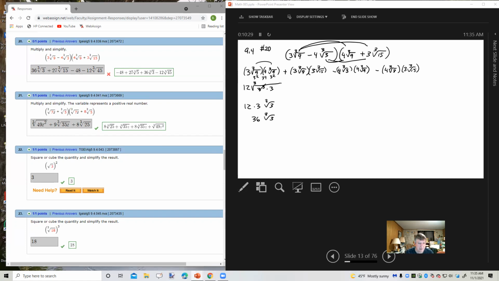Okay, so there's one of the terms. Next group, plus 9, and this is going to be the cube root of 9, which is 3 times 3, 15, which is 3 times 5, so I got 3 cubed times 5, okay, which is plus 9 times cube root of 3 cubed is 3, and then cube roots of 5, so plus 27 cube roots of 5.